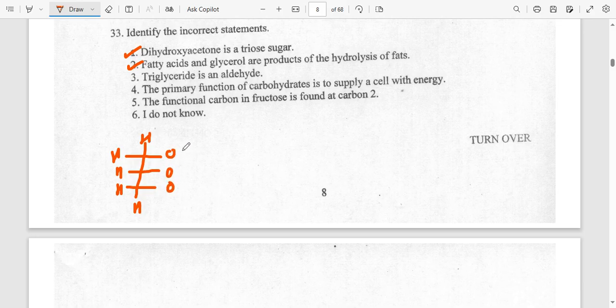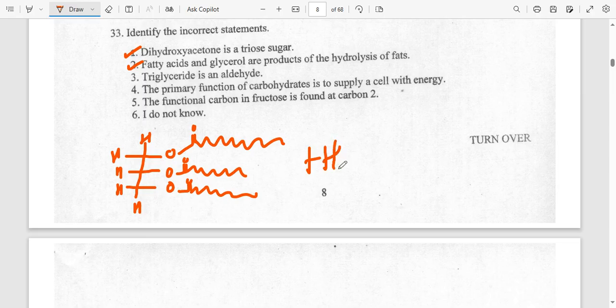But here it can react with a fatty acid like that. That's a fatty acid, another one. That's a fatty acid, another one. So what can happen is that when you react this molecule with water, it will be broken down into fatty acids and glycerol. Because when you are forming this molecule, you actually release water. So that's why that option is correct.